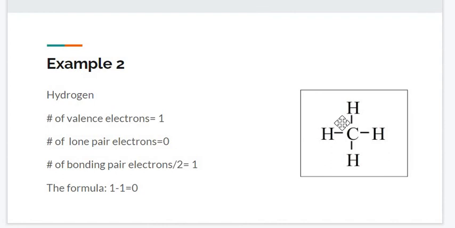Now again, the same concept applies right over here, just like how we did with the iodine in example 1. We don't need to repeat the whole process again, since all of these hydrogens have exactly the same kind of structure. All these hydrogens have a formal charge of 0.